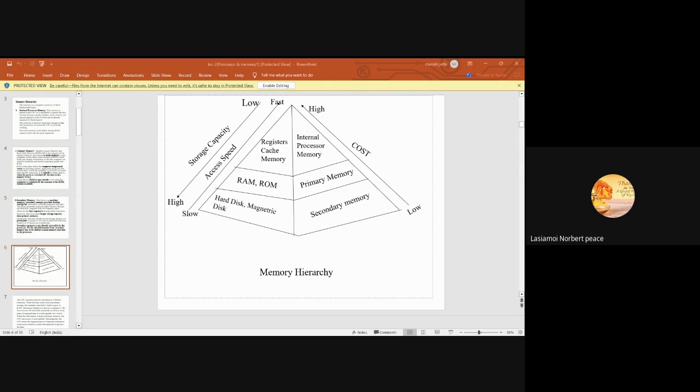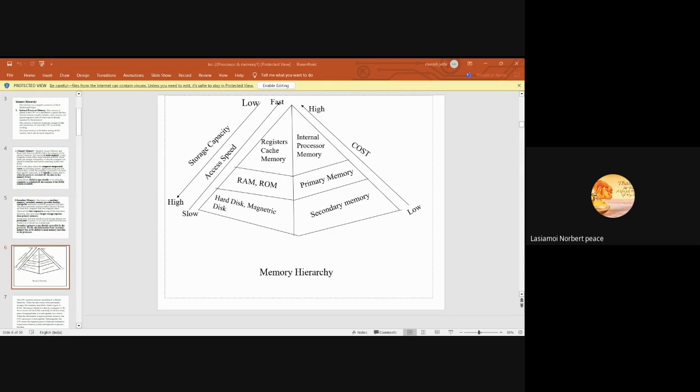We have the internal processor memories, which are registers and cache memory. Their storage is low, though their cost is high. This is due to their accuracy and speed, their performance.